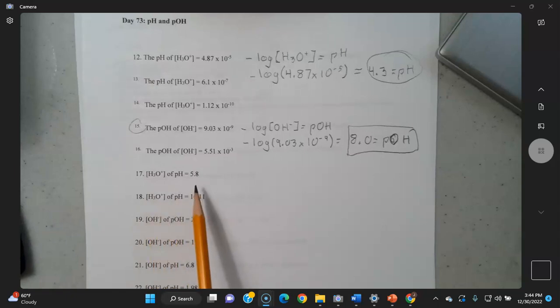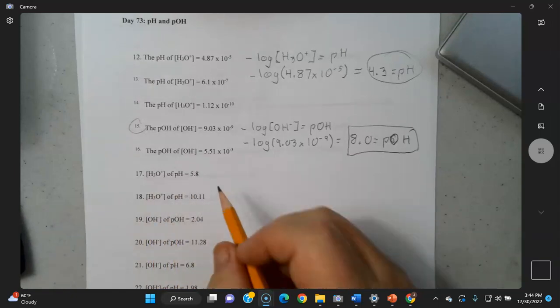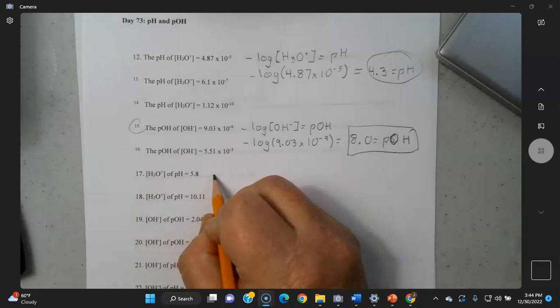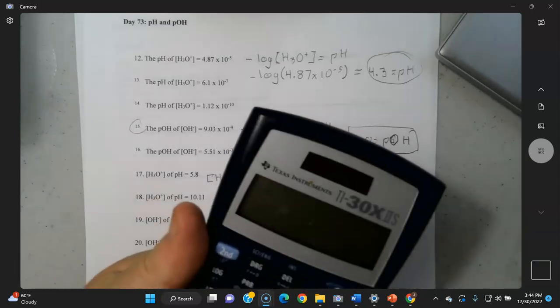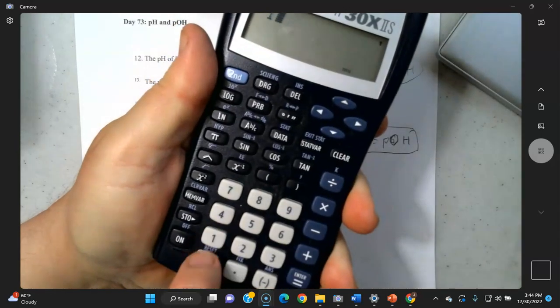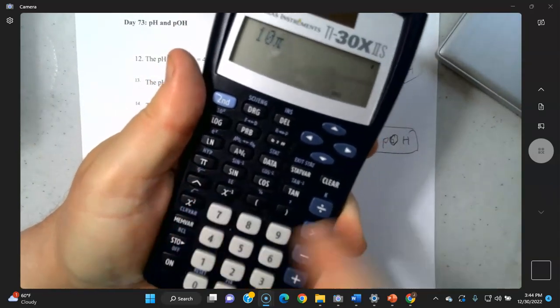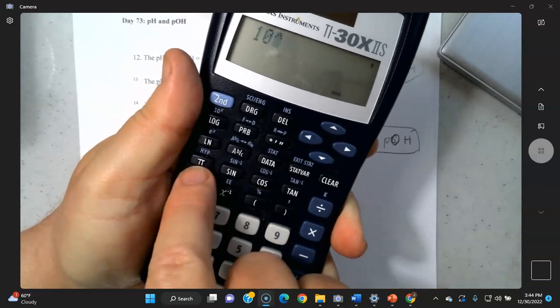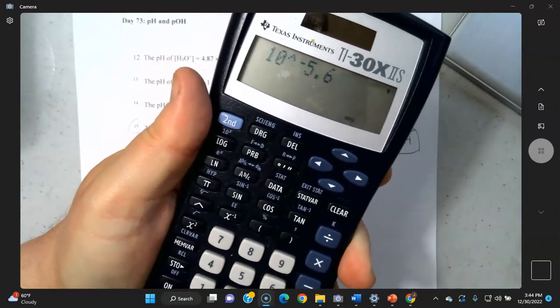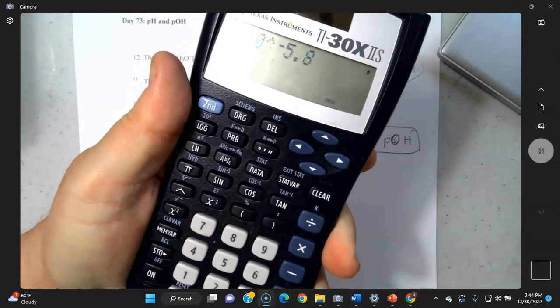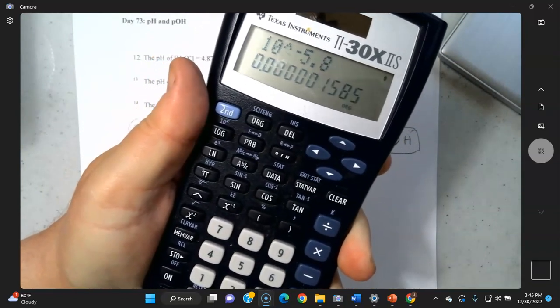Okay, there's H3O to pH, so the formula is, okay, and that's a pretty easy one to do. It's going to be 10 caret negative 5.8, whatever the pH is, 5.8, and that's going to equal that.